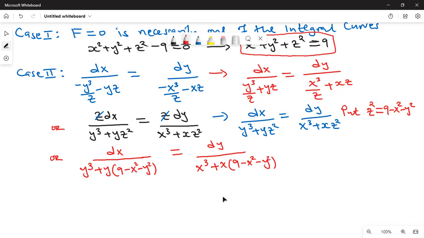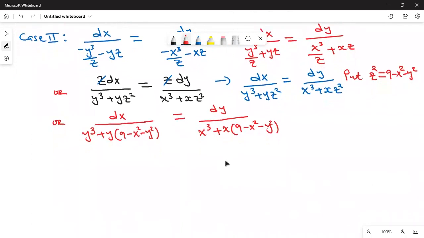If I open the brackets in the denominators, let's see what you're going to get. This will give us dx over (y cubed plus 9y minus x squared y minus y cubed).